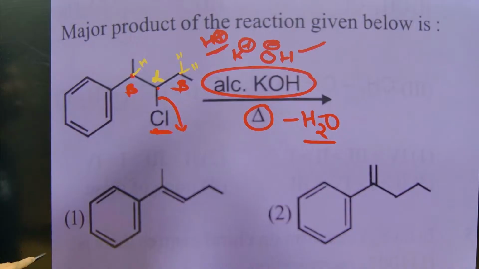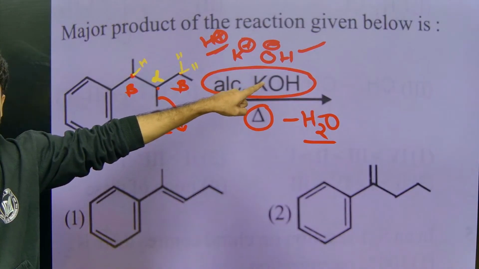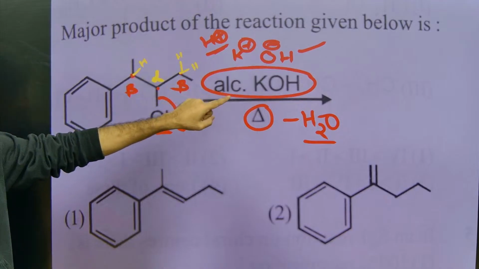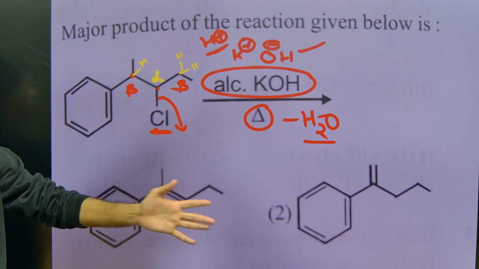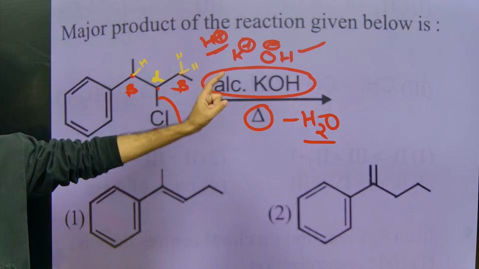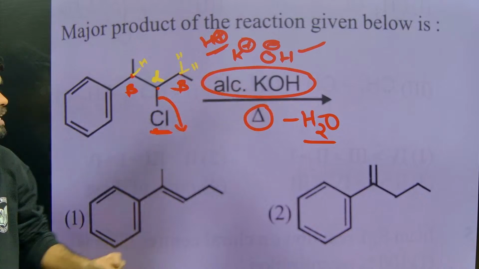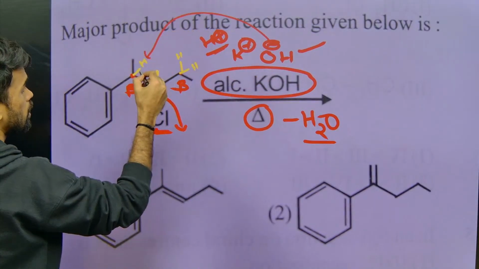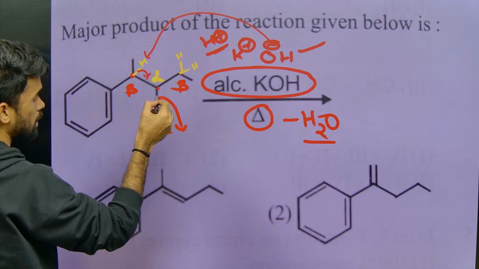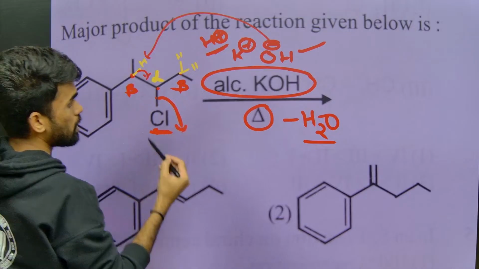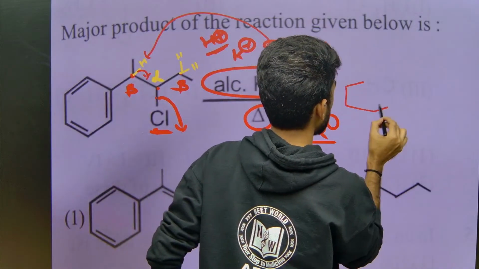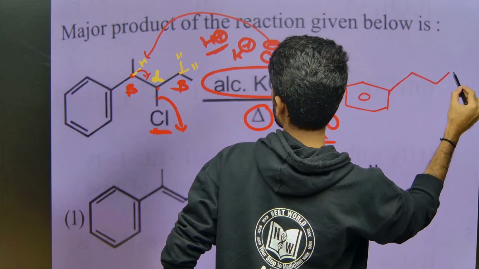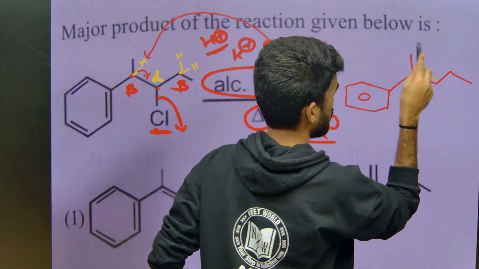From this base, KOH, a strong base, a proton is abstracted. The most acidic proton will be abstracted, and that should generate a more stable alkene. So it will abstract a proton from here and we get a double bond here, and this chloride ion goes out like this, and we get a product something like this.